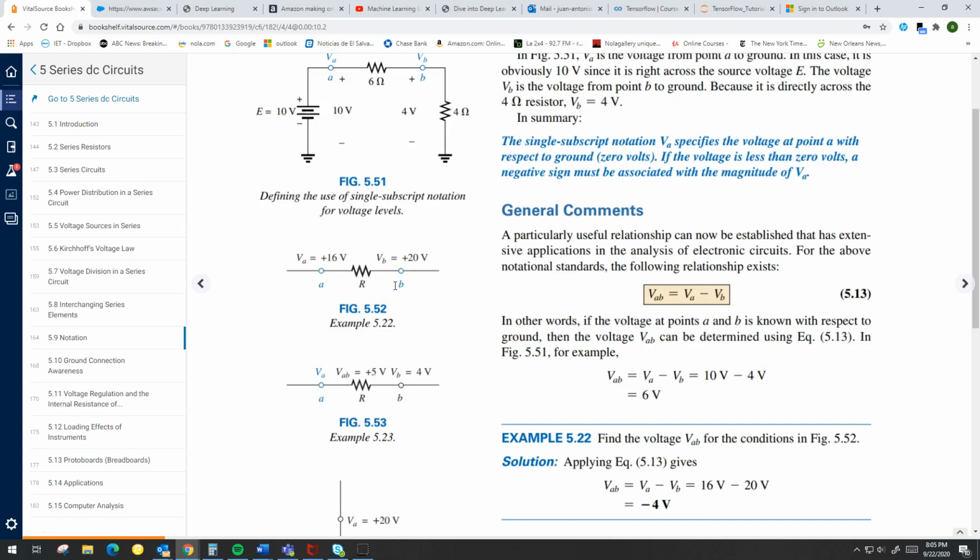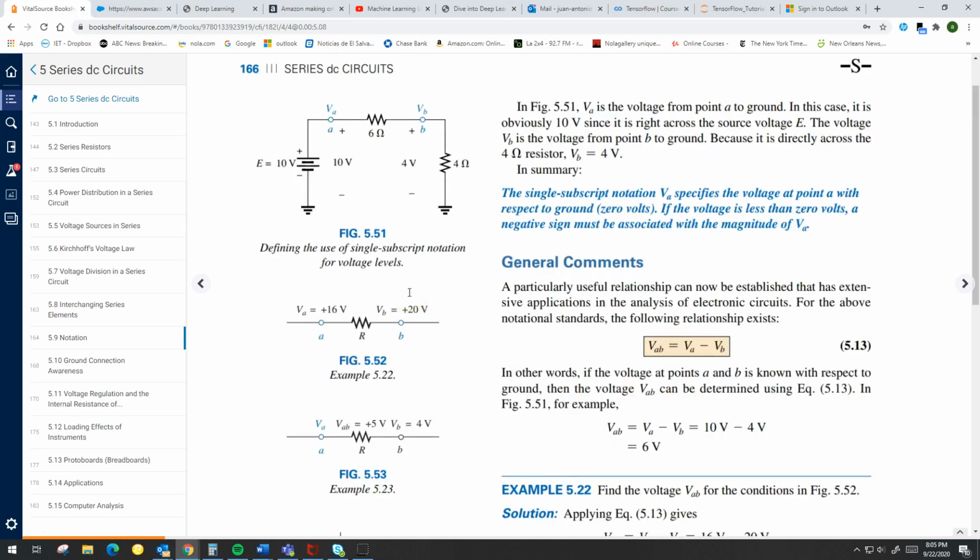All right. Let's see this one. This is another example here. In this case, if we use the notation that we used previously in drawing circuits, we can redraw this circuit. Look at this circuit here in figure 5.51, and look at this figure here in 5.52.